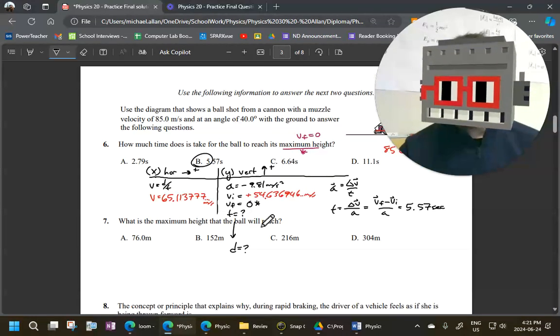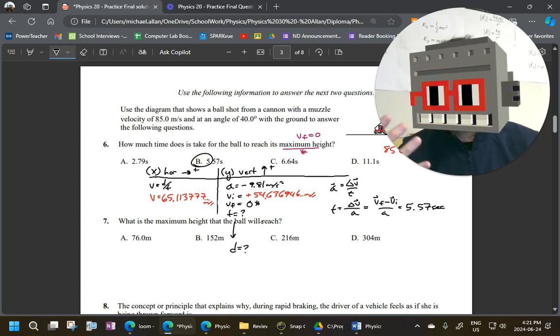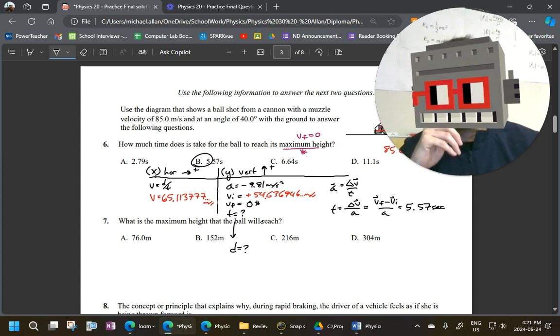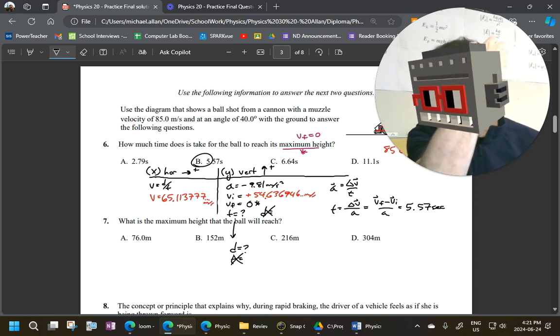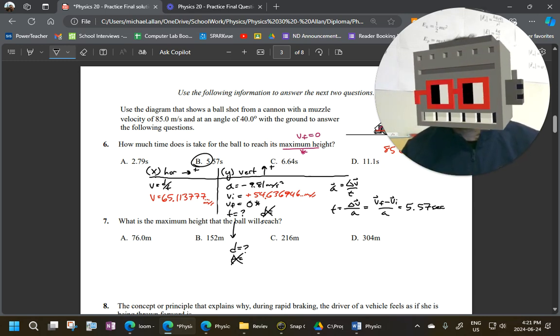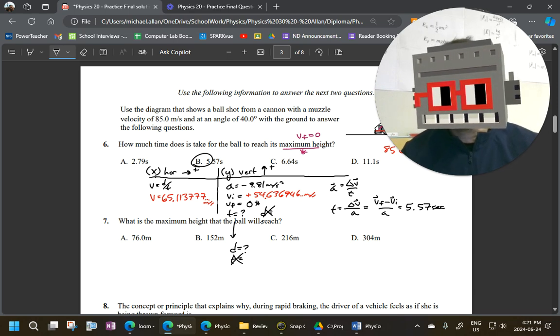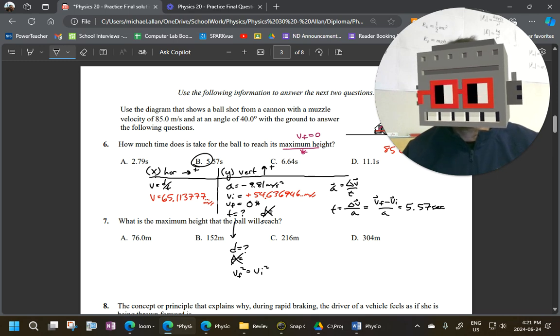Okay. Now here, maybe I don't trust that time, so I'm going to avoid the time. So I need a formula that doesn't have time in it. Here I had a formula that didn't have D in it. So our formula doesn't have time, but it still has the same other things. We're trying to find that maximum height, so VF still is equal to 0. So I'm going to be using this formula: VF squared is equal to VI squared plus 2AD.